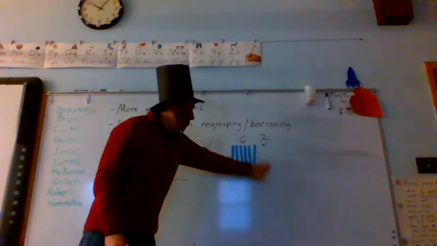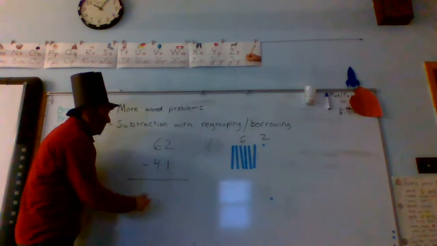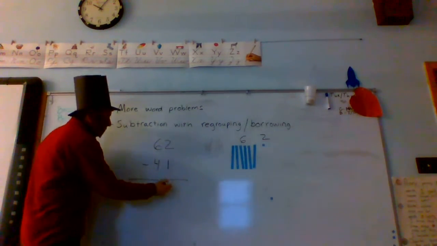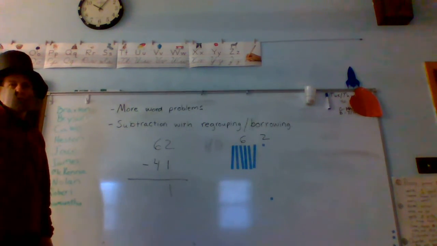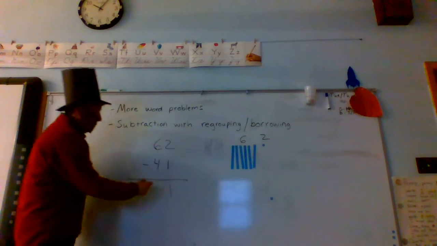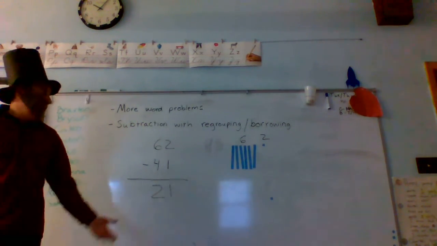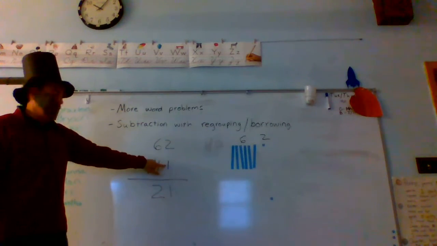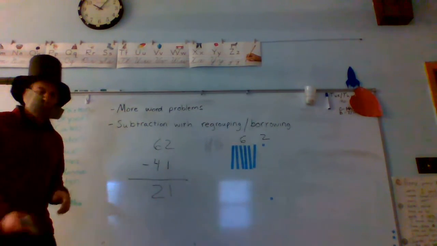So we don't have to borrow. 2 minus 1 is 1. 6 minus 4 is 2. 21. Okay. We didn't have to borrow there, right? Because this number is bigger than this number. I think we all got that.